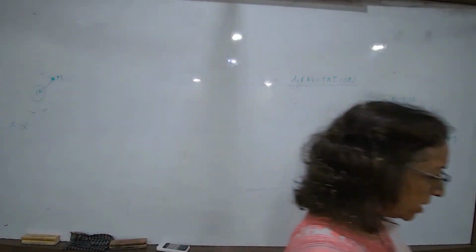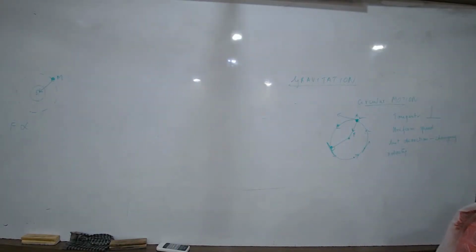Before we go on to that, just read the first one. Want to read? Read first paragraph. In previous chapters, we have learned about the motion of objects and force as the cause of motion. We have learned that a force is needed to change the speed or the direction of motion of an object.